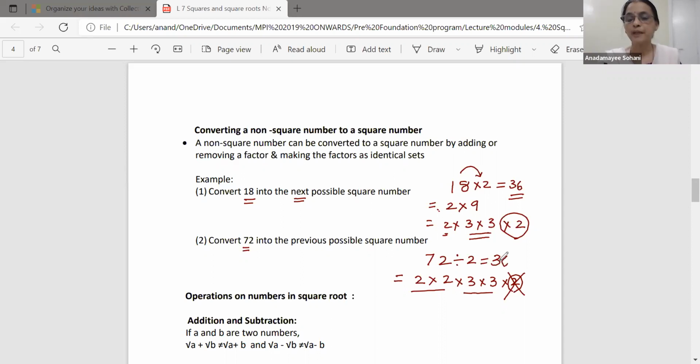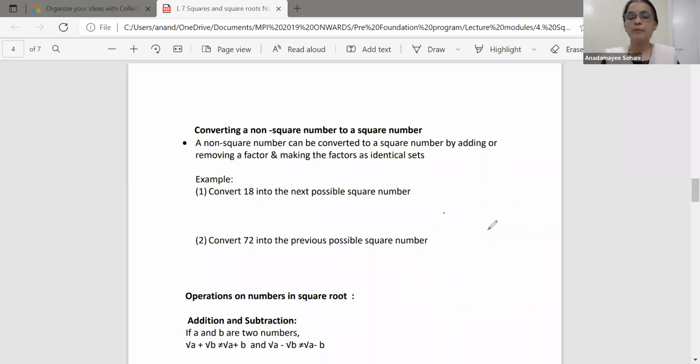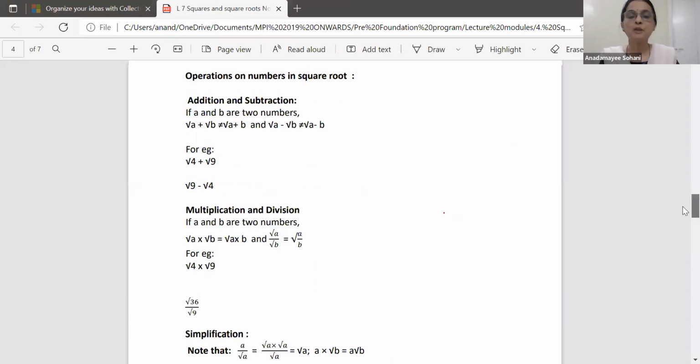So I can convert a non-square number into a square number either by multiplying it by a number that will create a pair or dividing it by a number that will remove the unpaired number. This is a very typical sum that is asked. Okay, and then let us see the operation on numbers in square root.